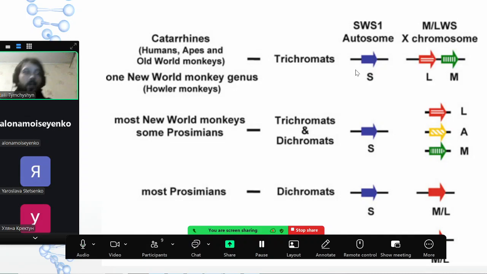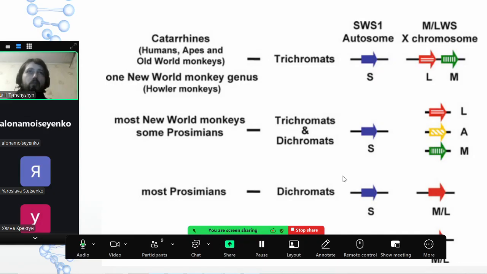Okay. Now, what else I want to show you with this sort of proteins, really briefly. Here are different examples of where we have them encoded. In most cases we have the S opsin, the one responsible for the blue light, encoded in some sort of autosome.